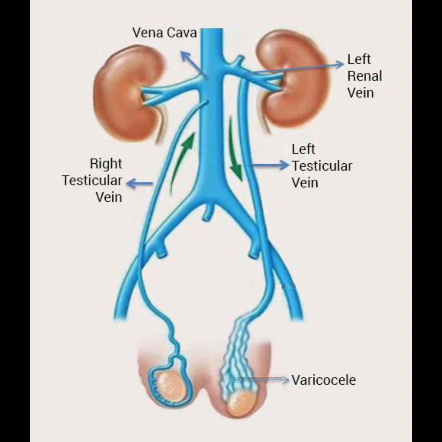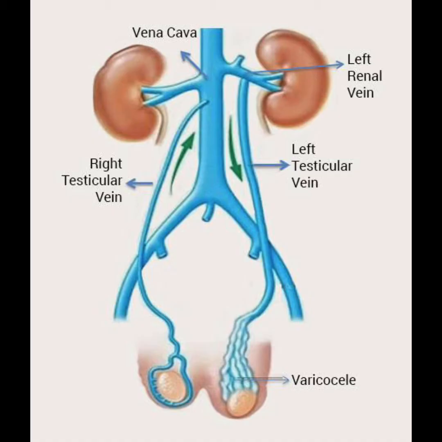Now this internal spermatic vein, or gonadal vein, or testicular vein, on the right side drains directly into the inferior vena cava, but on the left side it first drains into the left renal vein and then into the IVC. So this is the drainage of the testis.